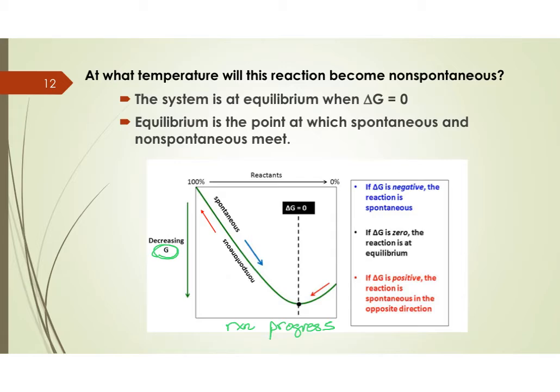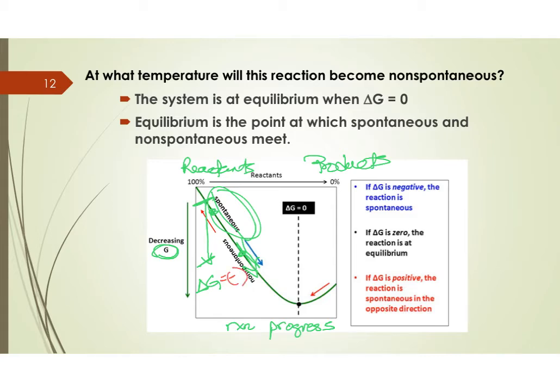All right, so to get the change in any type of curve or line, okay, so delta G would be picking two spots on the y-axis, right, since G's on the y-axis, and then calculating the change in G. If you are moving from reactants to products, you're moving in that direction, according to this graph, it is going to be a spontaneous process because delta G will be negative, right?